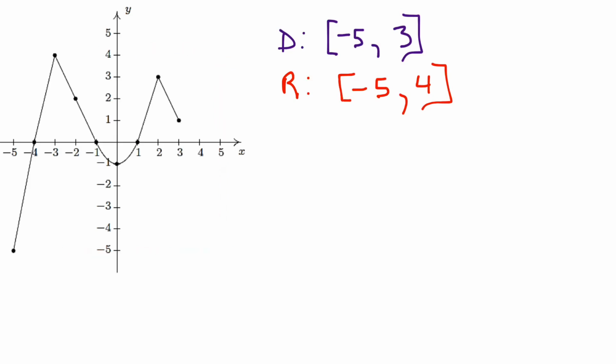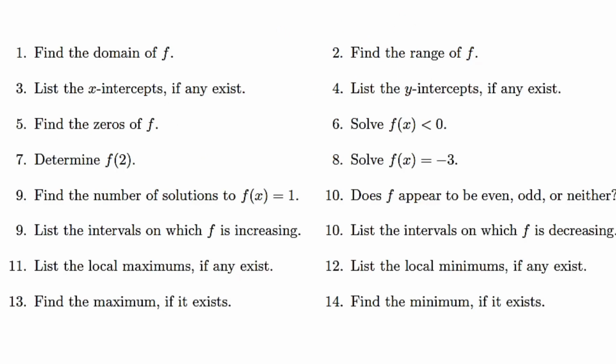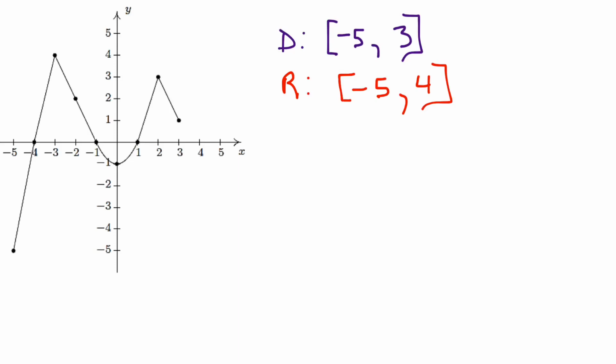The next question is number 3, list the x-intercepts, if any exist. So we go back and find the x-intercepts here. Let's write them as ordered pairs. We have one here crossing the x-axis, and that point would be the point (1, 0).